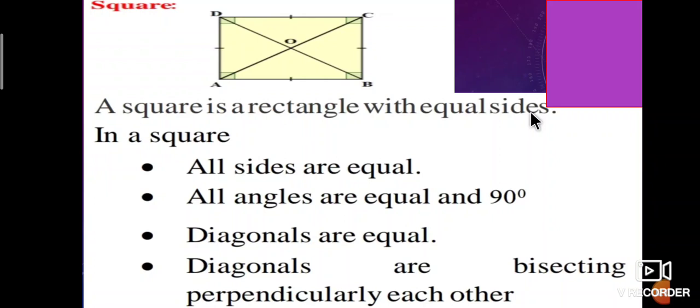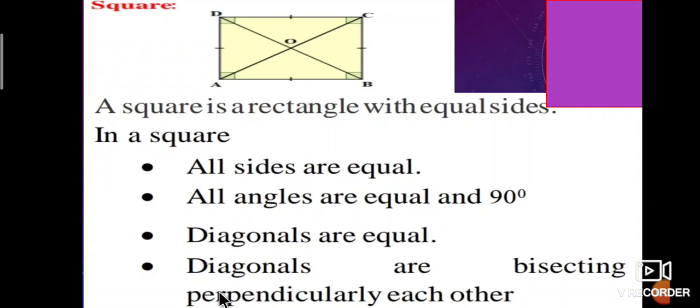What are the properties of a square? First, all sides are equal. Second, all angles are equal and 90 degrees. Diagonals are equal; here AC and BD are the diagonals.